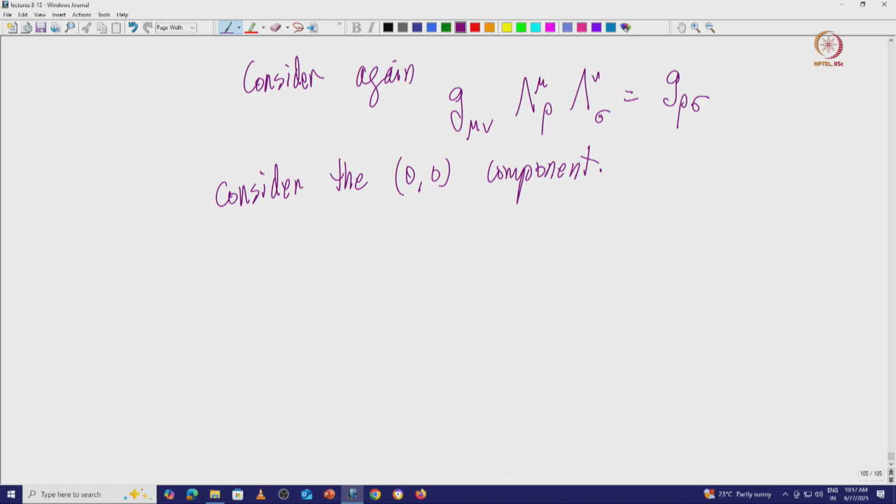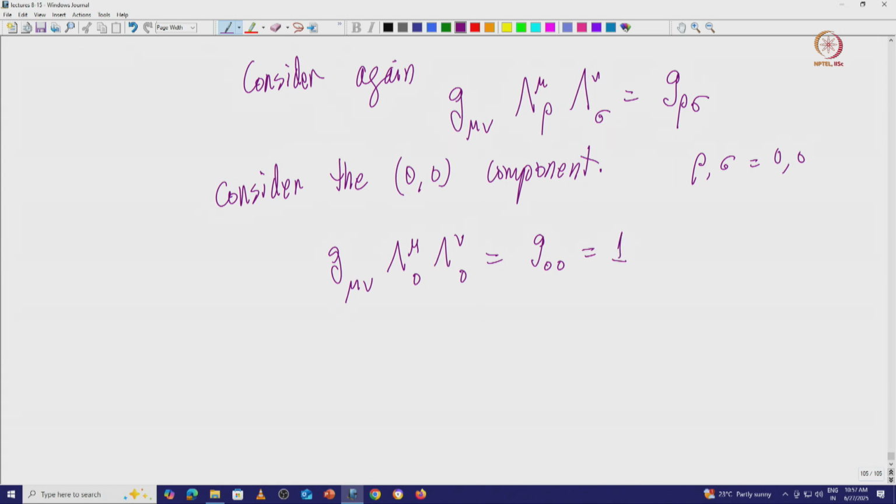So what we have is the 0 0 component, that is rho sigma equal to 0 0. Now this is g mu nu lambda mu 0 lambda nu 0 is equal to g 0 0, which is nothing but plus 1 essentially.